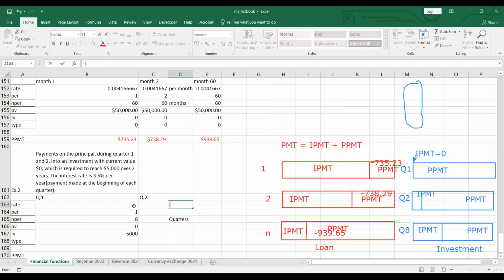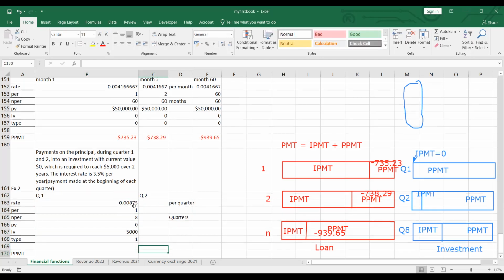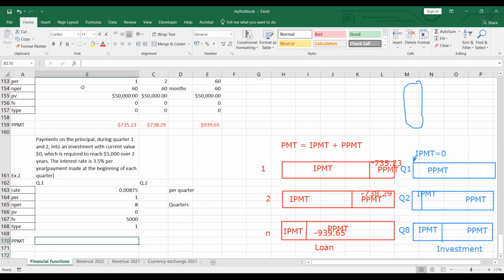So the rate must be the rate per quarter as well. The interest rate is 3.5%, so 3.5% over 4 gives you the interest rate per quarter, and payment is made at the beginning of each quarter, so it is 1. So we formulate the PPMT.